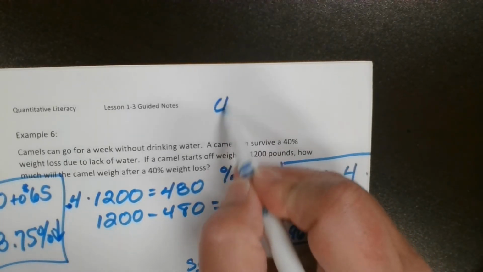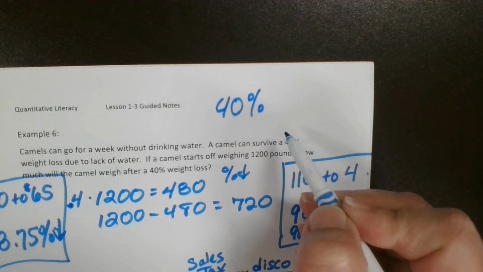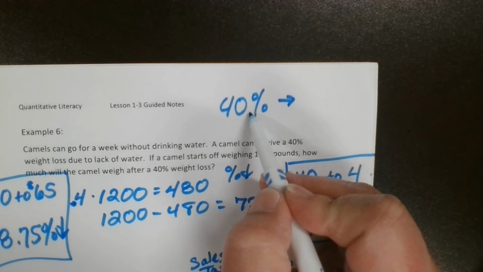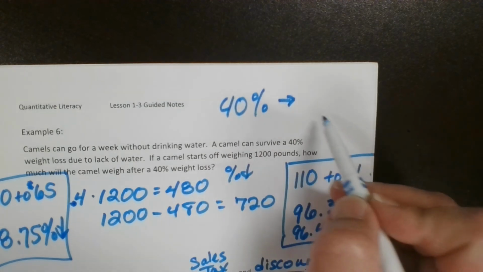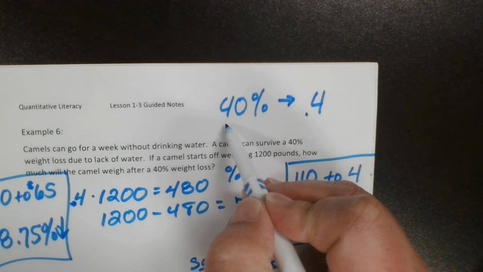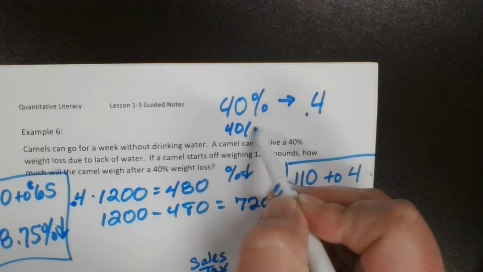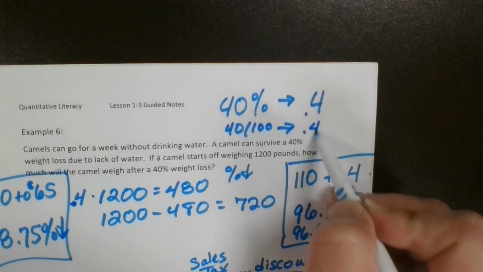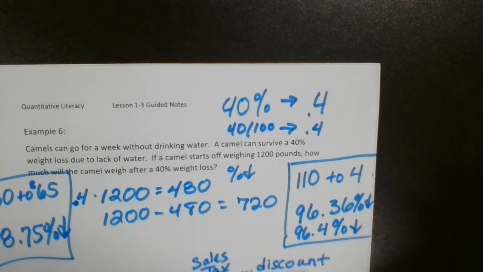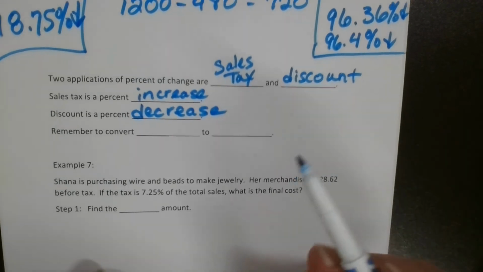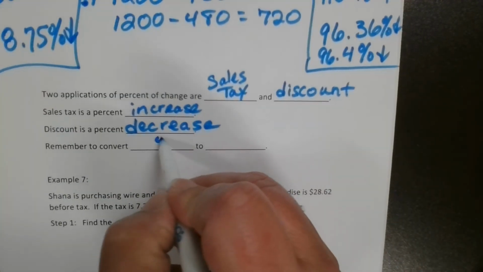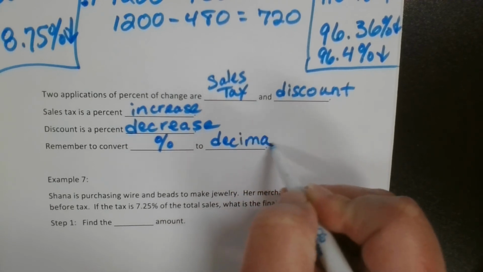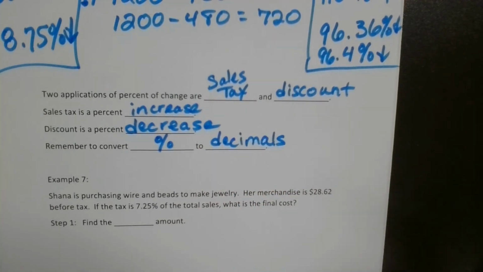Let me show you one more time. 40% to a decimal: either move the decimal 2 places to the left and get 0.4, or 40 divided by 100 will give me that 0.4 also. Okay? So remember to convert your percents to decimals when you start working problems.